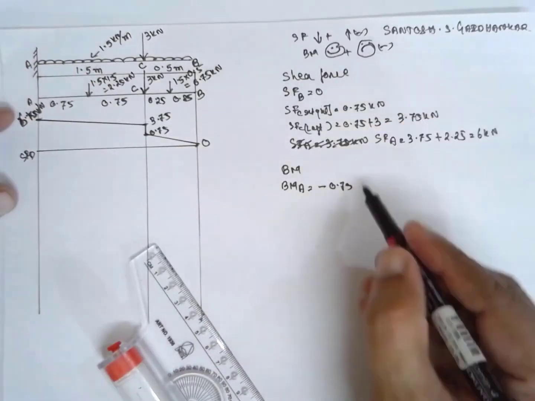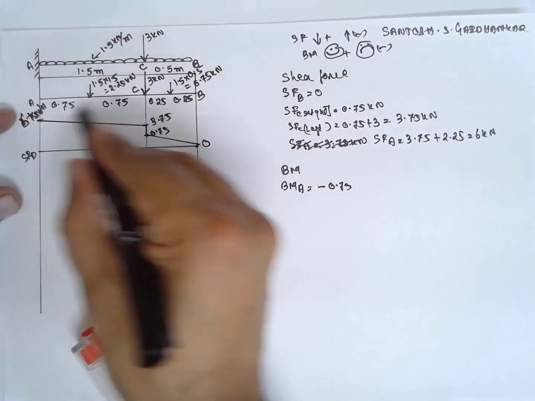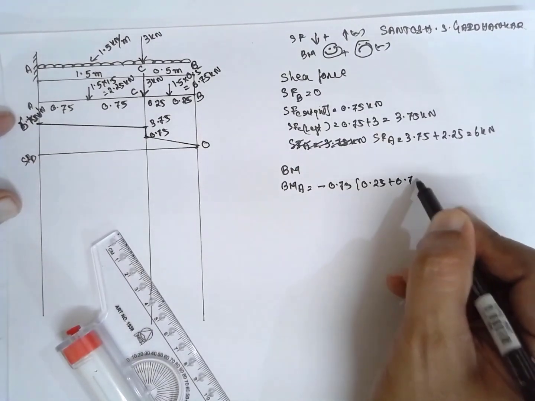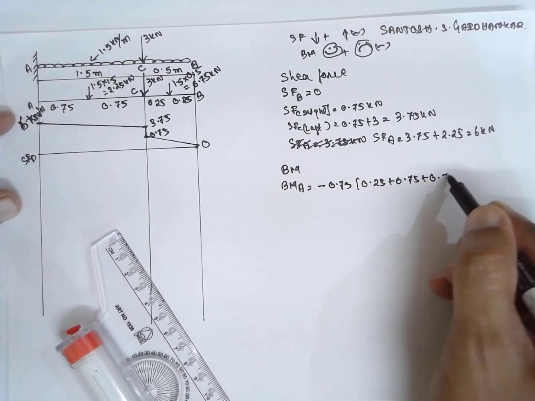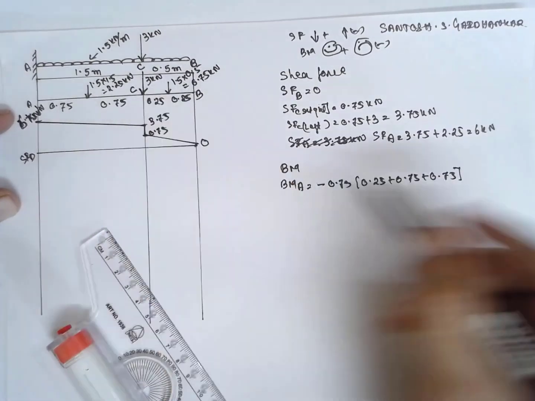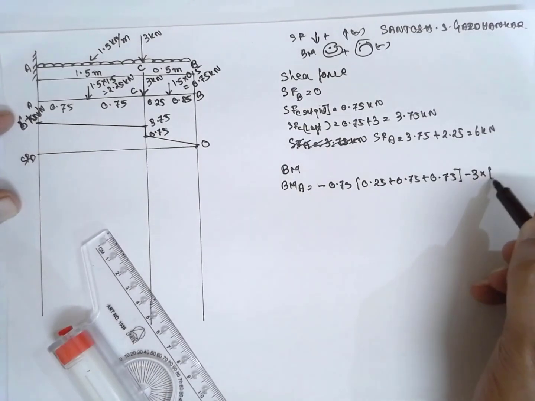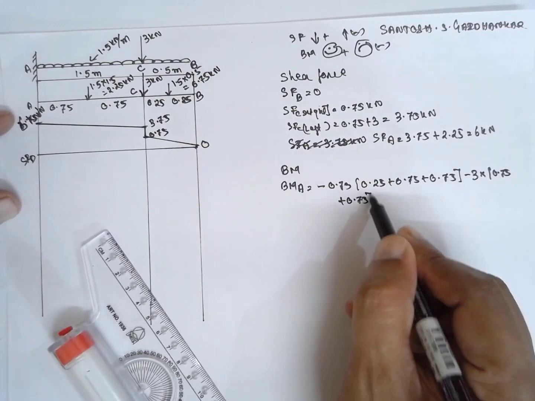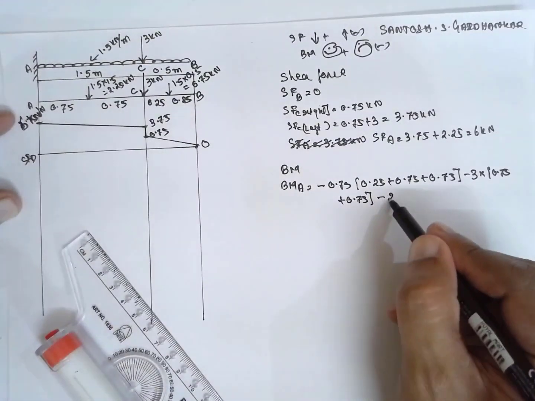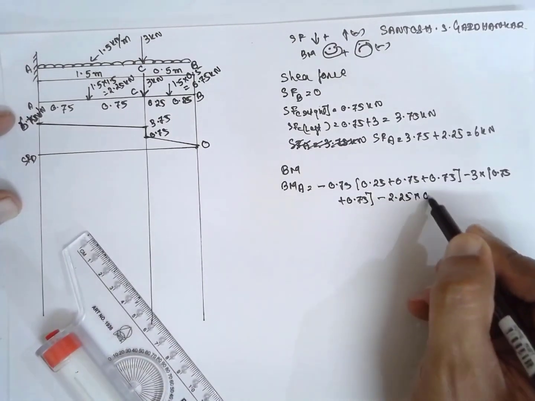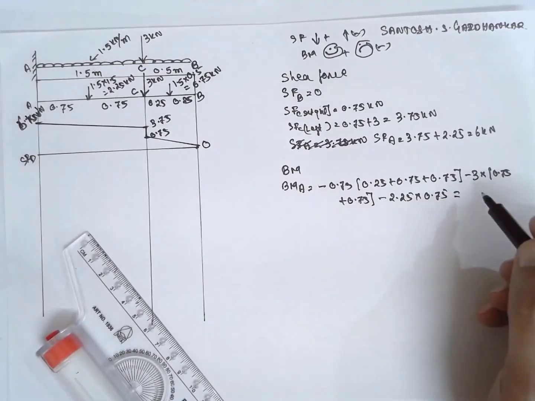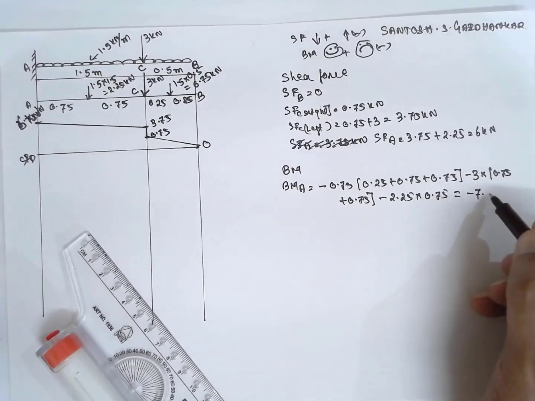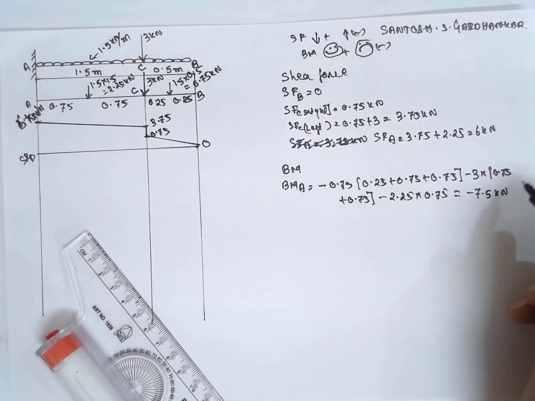Therefore I have considered negative. 0.75 into distance, 0.25 plus 0.75 plus 0.75. Next, this load minus 3 into 0.75 plus 0.75, and this load minus 2.25 into 0.75. If you calculate, the answer for this one is minus 7.5 kilonewton meter.